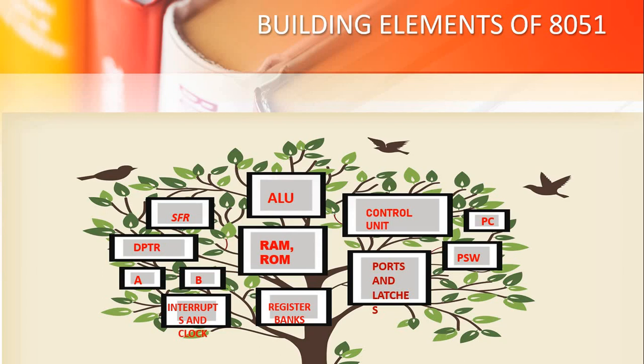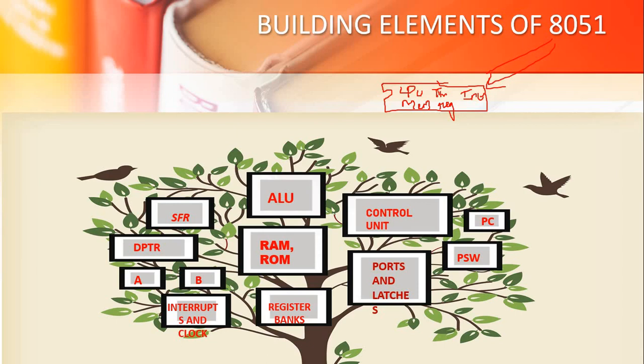We all know that in an 8051 IC we have a processor or CPU, memory, timer, registers, and interrupts, everything built together in a single IC. That is the microcontroller IC, the 8051 IC.